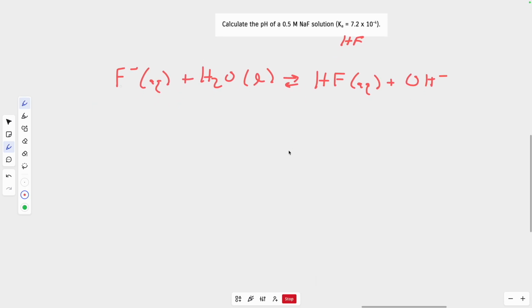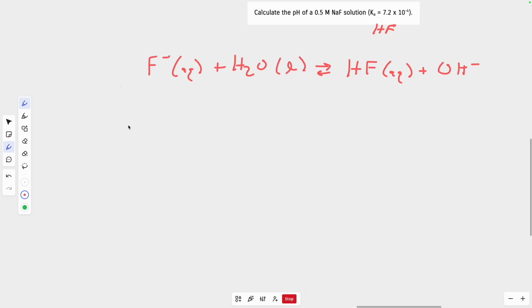So we can use an ICE table here to find the amount of OH minus produced, which we can use to also find the H plus and then the pH. So for the initial concentration, F minus is going to be 0.5 molar because it's in a 1-to-1 ratio and we have a 0.5 molar NaF solution.